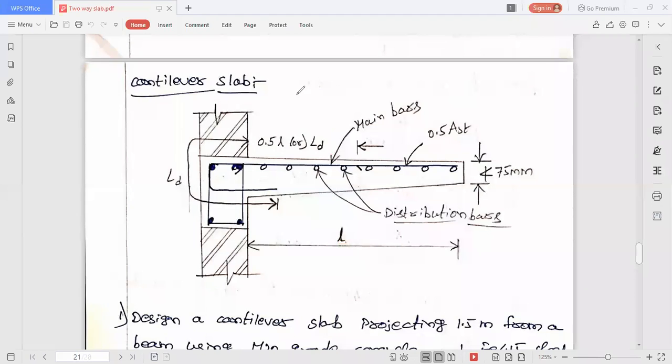And let us assume there is a slab. Let us assume this is the slab and here we are hanging some 50 kgs of weight. Okay, I'm hanging 50 kgs of weight to a hook.